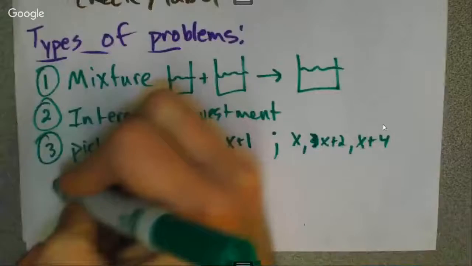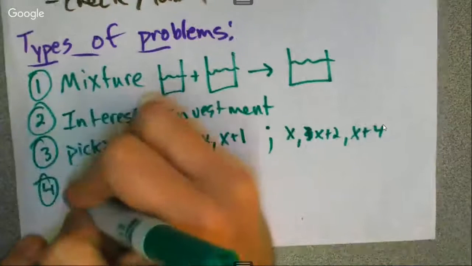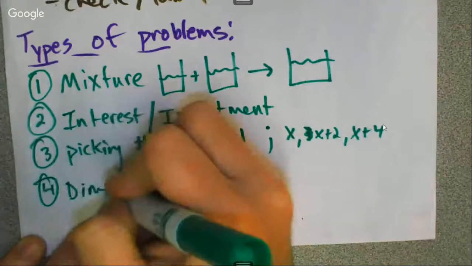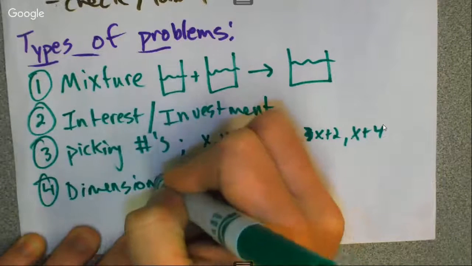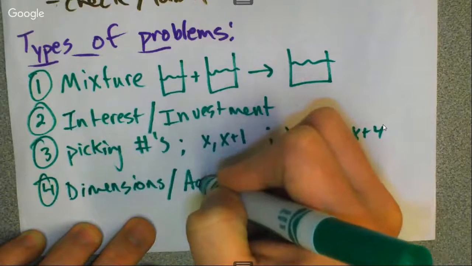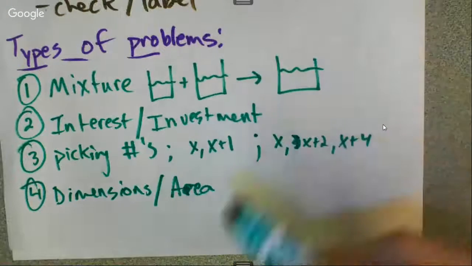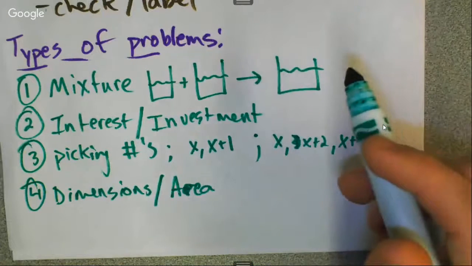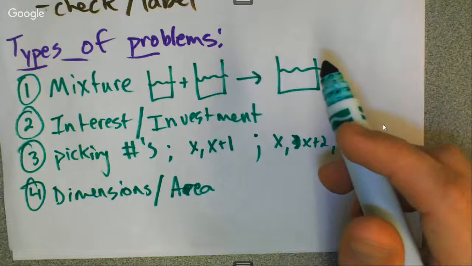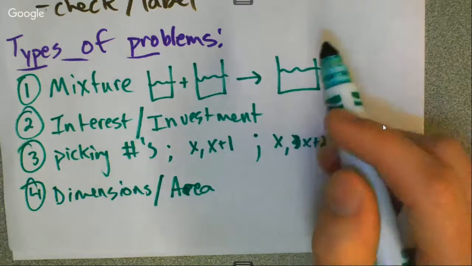Okay. The next one, we have dimension/area problems. So we can deal with area or perimeter or circumference or anything with shapes.